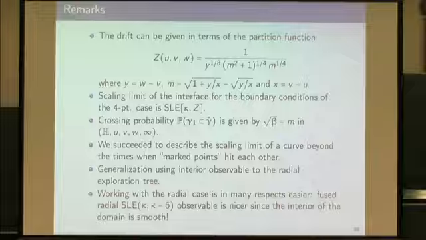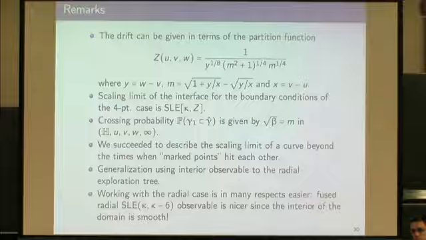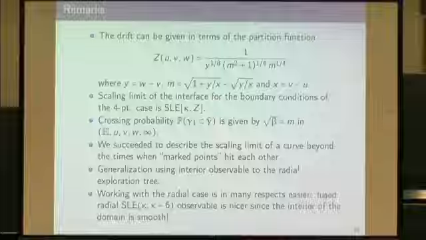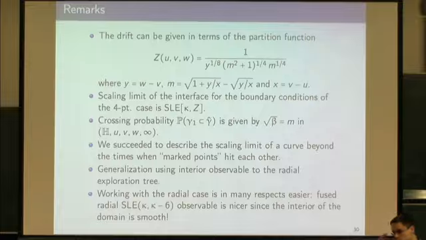And actually this observable is in some sense even nicer, so you are more free to play around with this interior point, since it's a smooth domain inside. There are, of course, problems with the boundary observables which don't exist in the case of the interior observable.